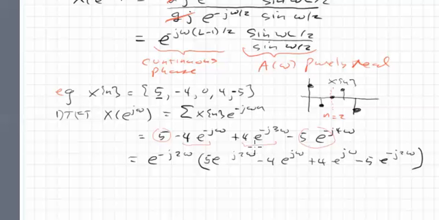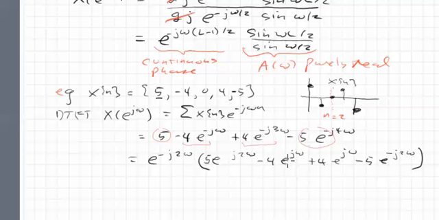When you do it the first time, it'll take a little bit more thought, but I've done this a bunch of times. If we multiply this through, we hopefully will see that we get the same thing we started with. So this term times this term, minus j omega plus j omega, minus 2j omega plus 2j omega, will get e to the j0. Okay, that's what we started with.